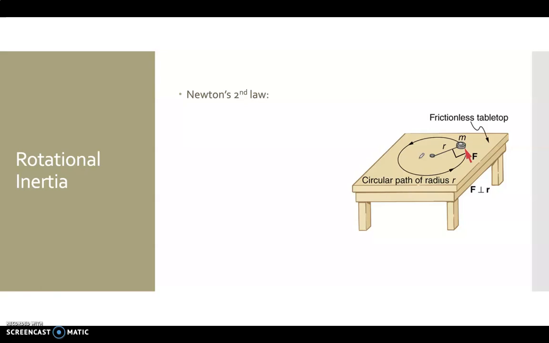So we start with Newton's second law, which states that F, or force, equals mass times acceleration. F equals ma. And what we say is we can also state this in rotational sense, where our acceleration is equal to r times alpha.